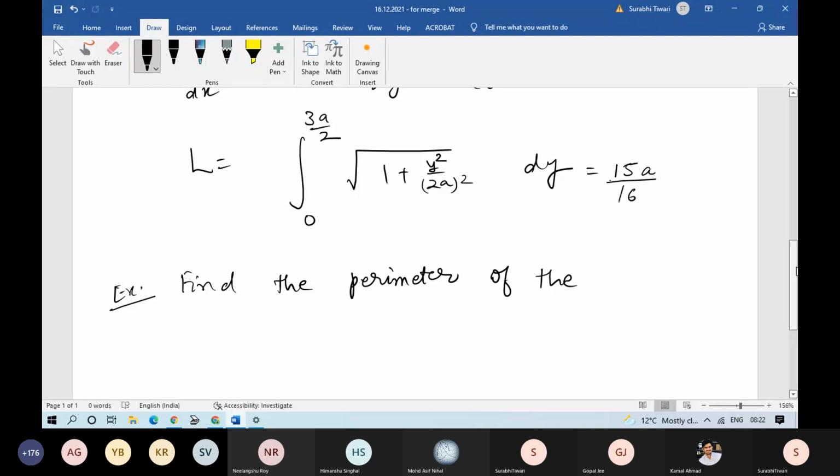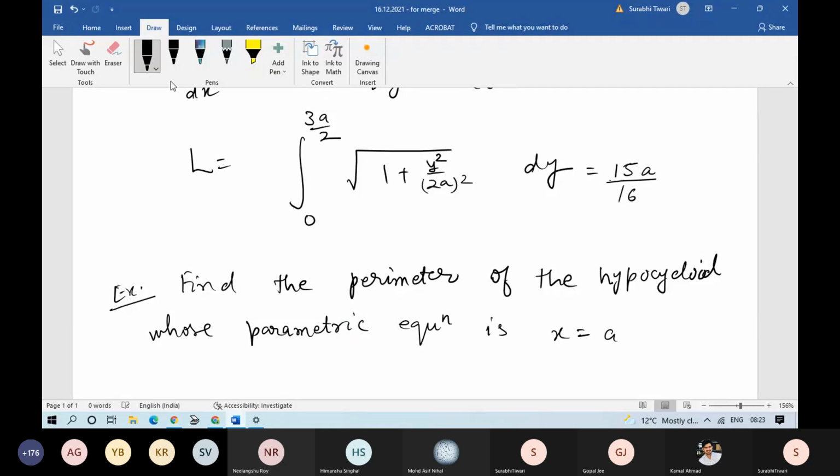Find the perimeter of the hypocycloid whose parametric equation. Now I am using each and every formula which I have written for the length of the curve. Parametric equation is x is equal to a cos cube theta and y is equal to b sin cube theta.